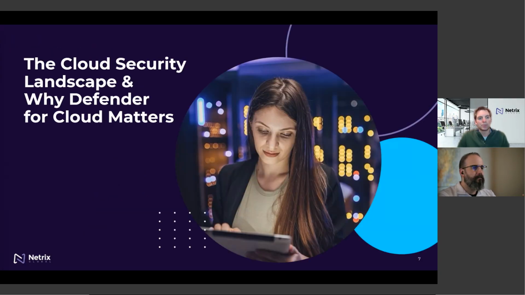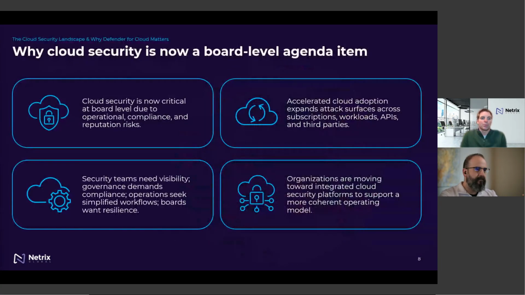All right, we'll jump right in and talk about the overall landscape, some of the items that we're seeing in the industry and at our clients as well. As we start talking about Defender for Cloud, Jeff, you can move to the next slide. There are a couple of critical areas. Even recently, there was a breach that was public information.